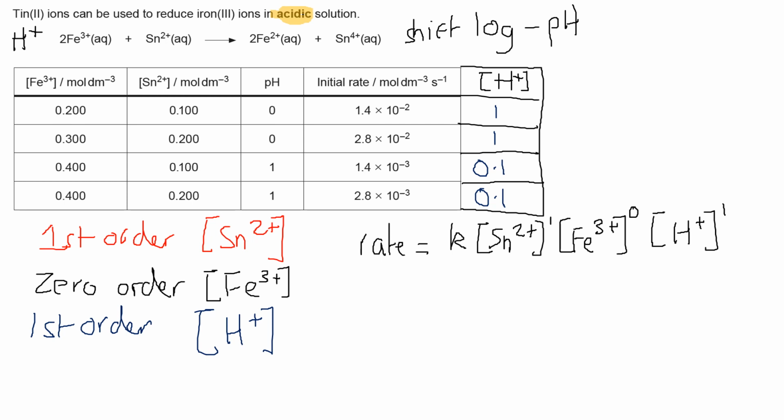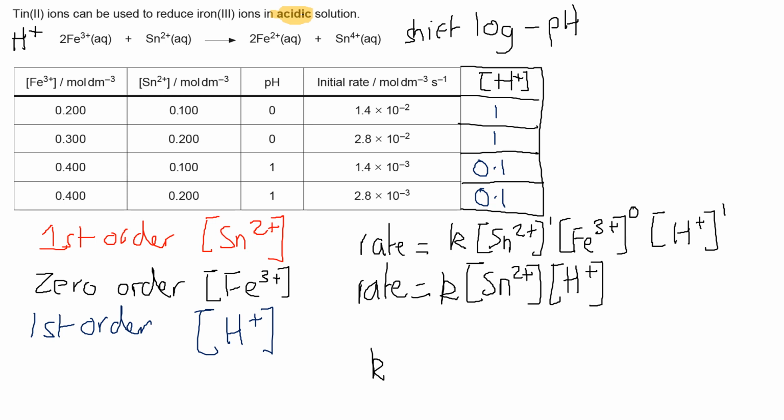Now this can be simplified. Something to the power of 1 just equals itself, so we can get rid of the power of 1. Something to the power of 0 just equals 1, and therefore it can actually disappear from the rate equation. So I can simplify the rate equation and say that rate equals k times the concentration of Sn2+ times the concentration of the H+.